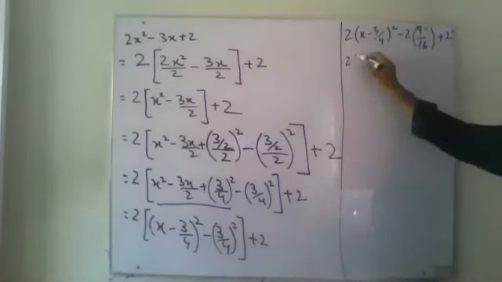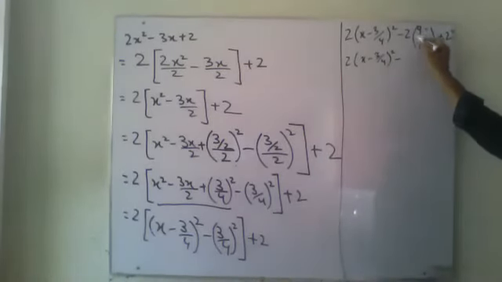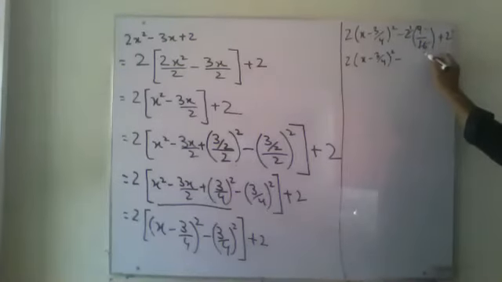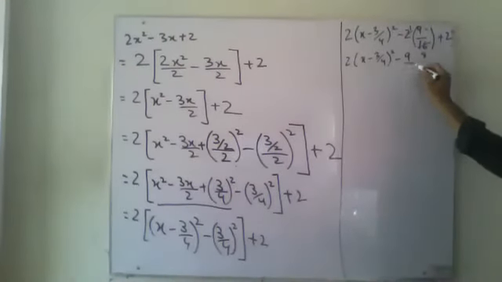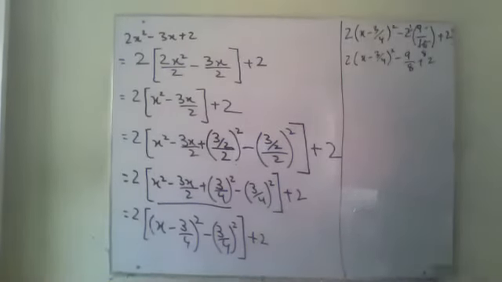So 2 times x minus 3 over 4 whole square, minus 2 under 2, 8, means minus 9 over 8, plus 2.